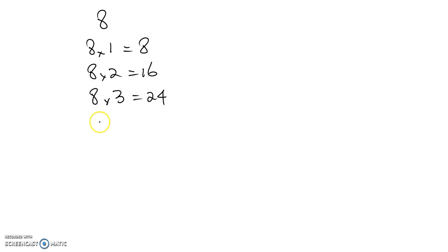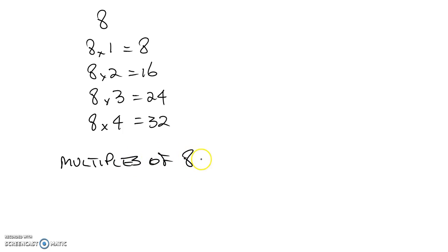Let's try another number. Let's try the number 8. Again, 8 times 1 is 8. 8 times 2 equals 16. 8 times 3 equals 24. 8 times 4 equals 32. So we're multiplying 8 by all the whole numbers, and that gives us the multiples of 8.